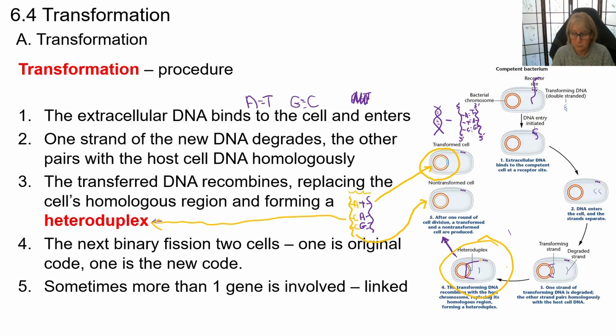And so half of this bacteria's babies will possess the new gene that they brought in through their receptor site. And then they'll go through binary fission. I'll end up with 1 billion of them that are transformed. Sometimes genes get linked together in this case, and more than one gene is brought in. Depends on what happens prior to transformation to the donor bacteria.